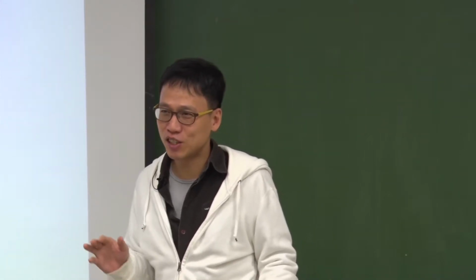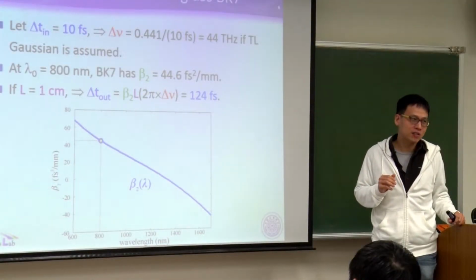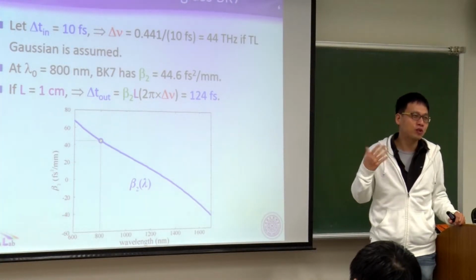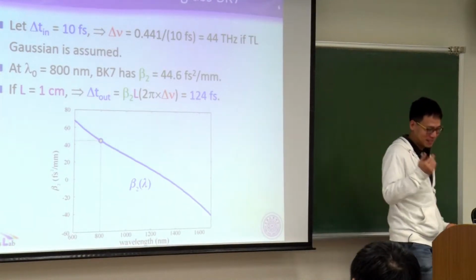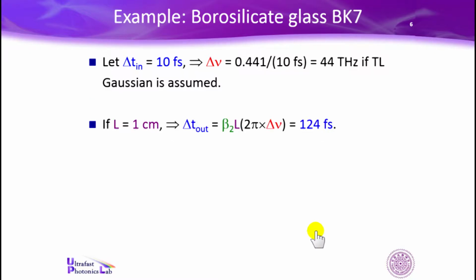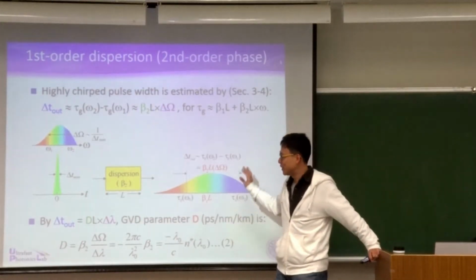Everything is the same in terms of power spectrum. So why does this formula not work if the thickness L is too short? Because it directly ignores delta T in. It only gives the dispersion-induced broadening, so you should first take delta T in into account, and 1 centimeter adds about 114 femtosecond. Calculated this way, it should be more accurate.